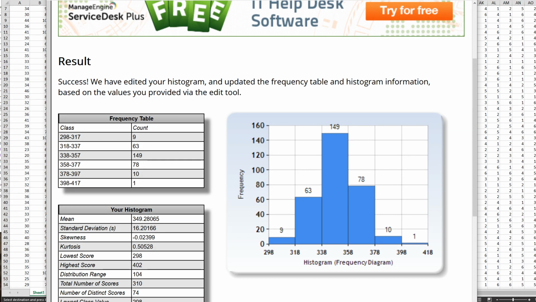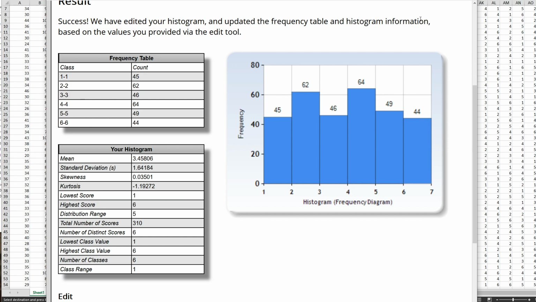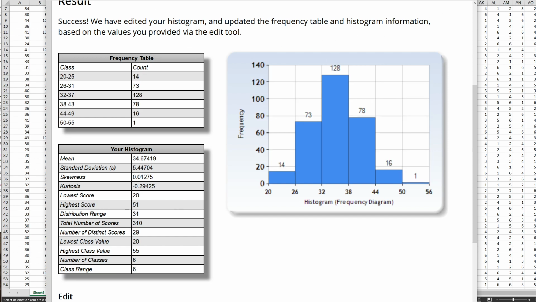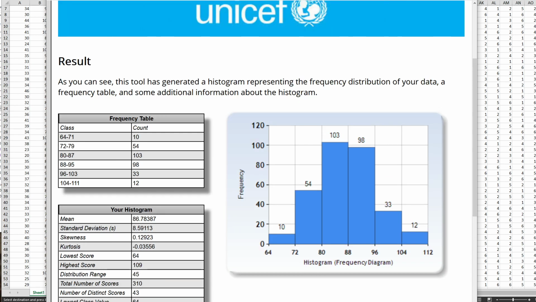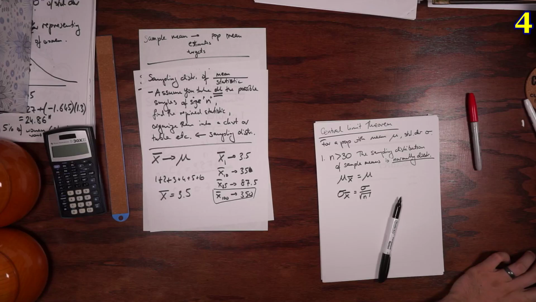Well, let's see. This is very spread around. And this is less. And less. And eventually less. This is getting tighter and tighter together.